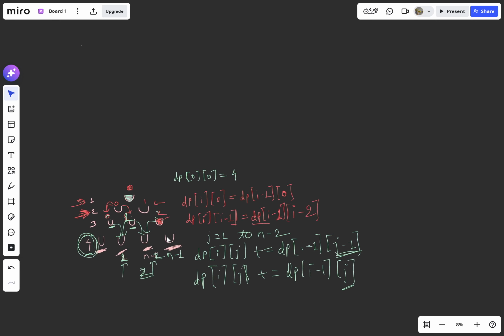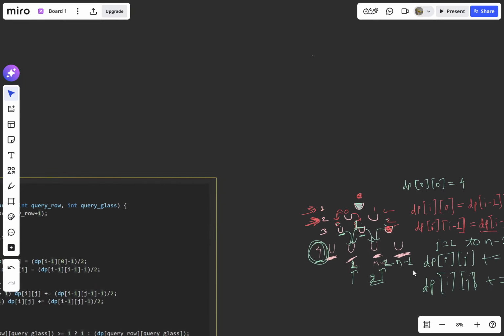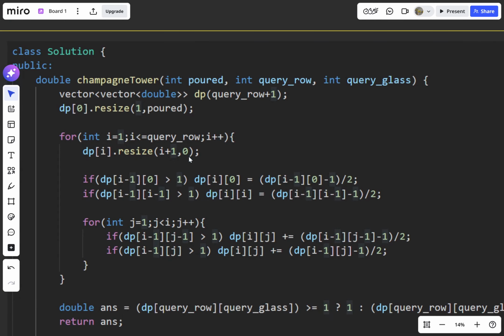So these are the conditions for our dynamic programming problem. Let's see the code first now. The code is simple. These are all the conditions which we have to apply. Firstly we will initialize it with the query row plus 1, so as not to have the index out of bound.